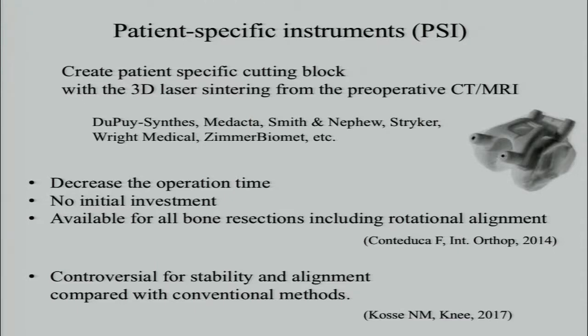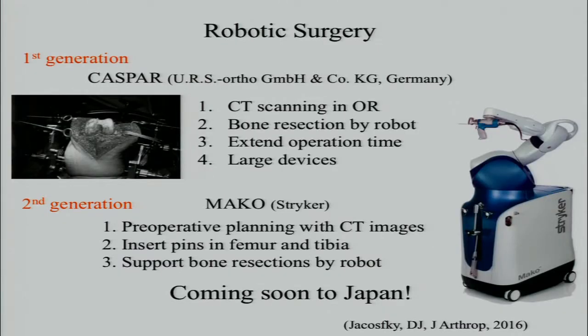Also quite expensive. Robotic surgery is now in its second generation, in which the bone resection is supported by a robot, but we haven't tried it yet. But it will be coming to our country, Japan, maybe this year.